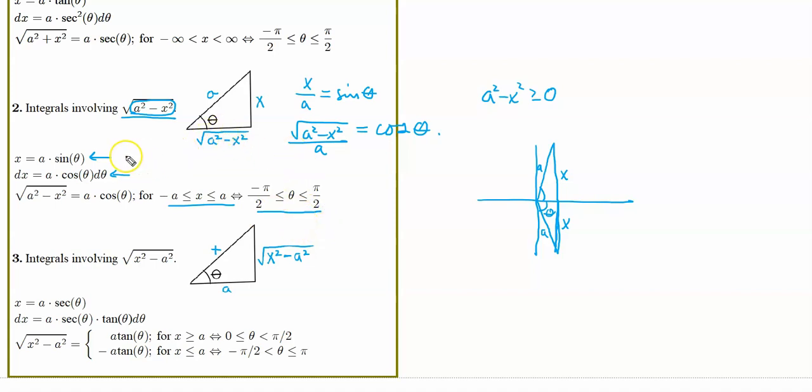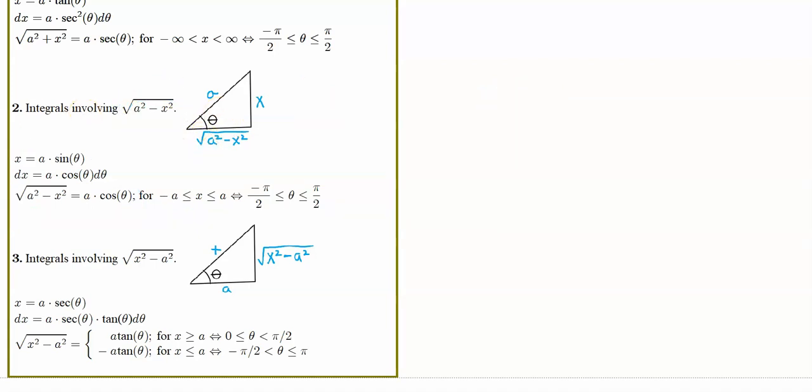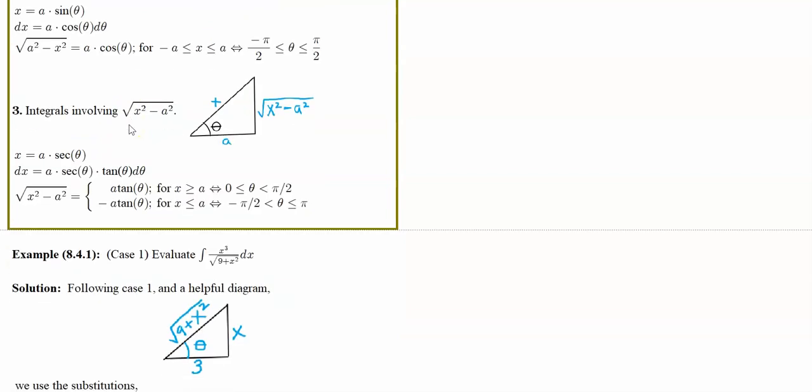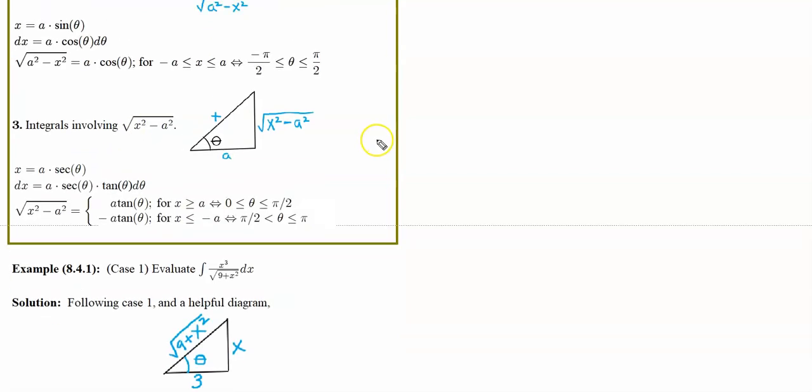Okay, so these are the substitutions that you would use when you encounter an integral that has this term in it. All right, now let's look at case 3, and then we'll look at some examples. Now in the third case, we're going to consider integrals that have the square root of x squared minus a squared involved in the integrand.